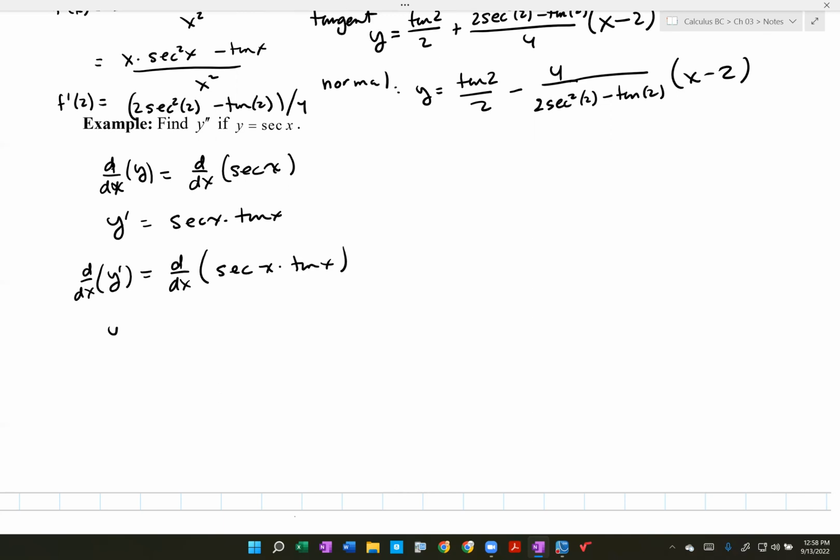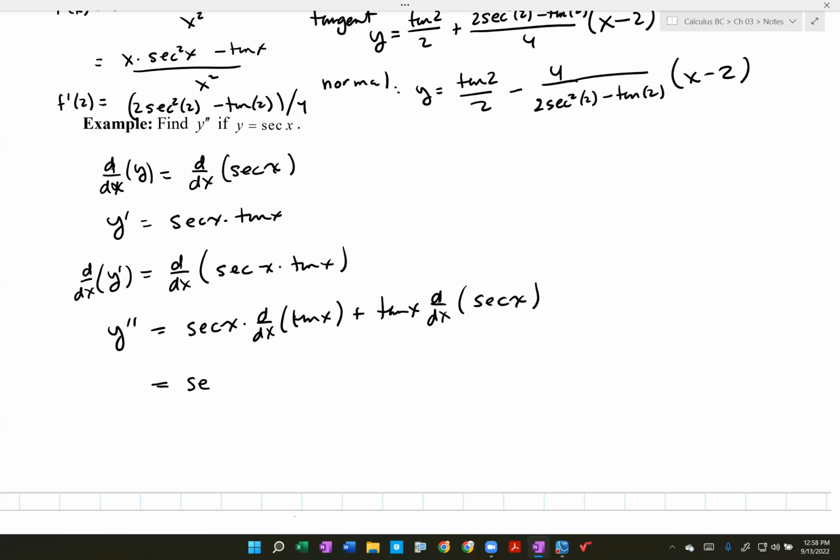Well, y double prime on that side. That looks like a product rule. So let's declare this to be first times the derivative of the second plus the second times the derivative of the first. See how I say that every single time I apply one of these rules.